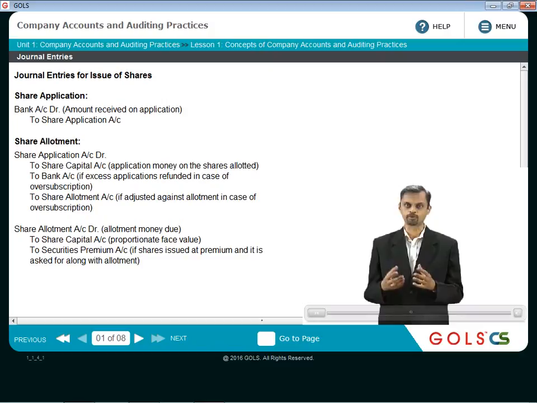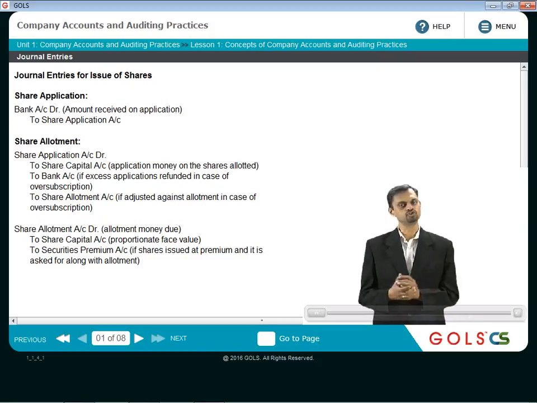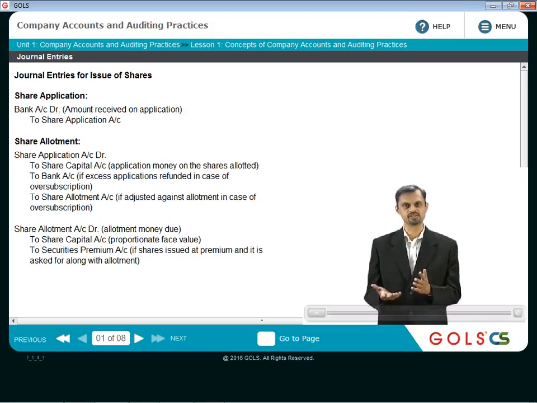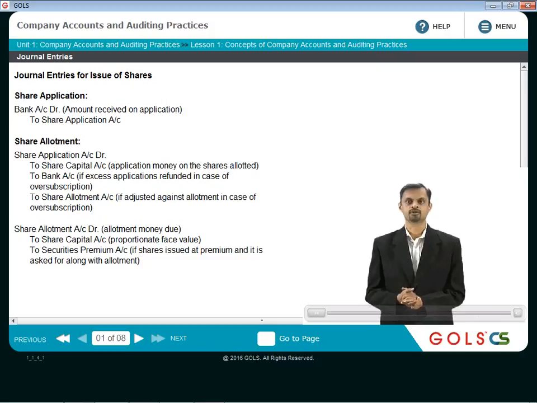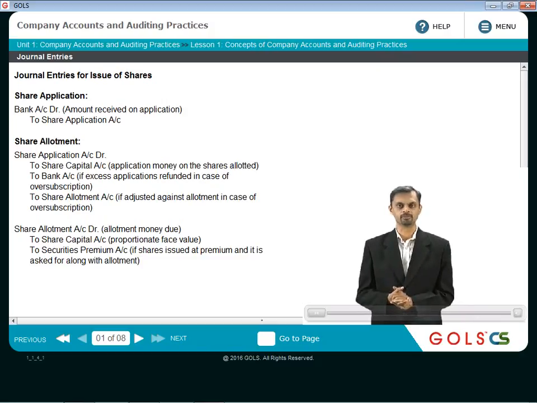Now the share allotment money will become due along with the allotment. At that time the entry will be share allotment account debit to share capital account. Here you will straight away use share capital account because now the shares have come into existence. And suppose the issue is at a premium; usually the premium is collected at the time of allotment.